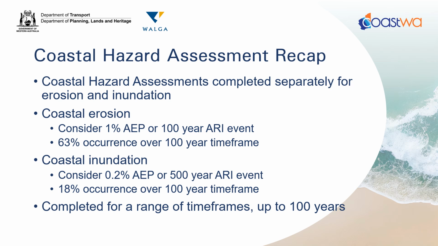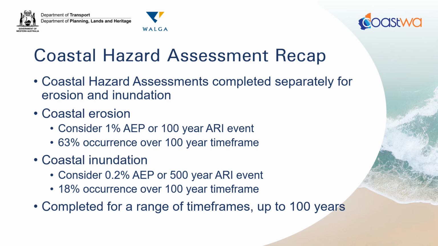So a key thing out of this is that the event that we use for coastal erosion has a 1% chance of occurring in any given year, or has a 63% chance of occurrence over a 100-year planning horizon. For coastal inundation, we consider an event that has a 0.2% chance of occurrence every year, or the 500-year average recurrence interval event, and that event has an 18% chance of occurrence over a 100-year planning timeframe.